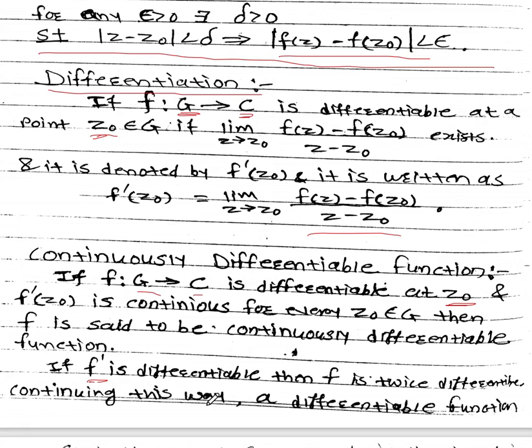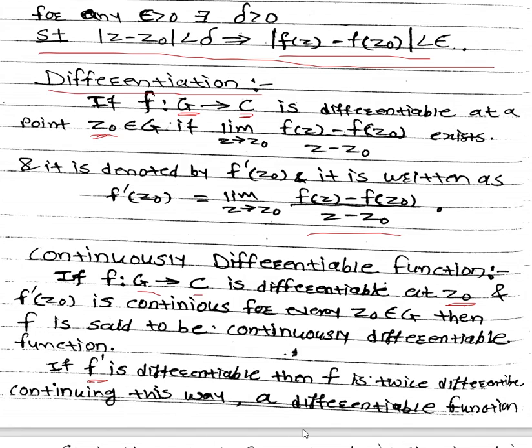Suppose that f dash is a differentiable function, then we can say that f is twice differentiable. That means the second derivative f double dash exists. If f dash is differentiable, then f is twice differentiable.